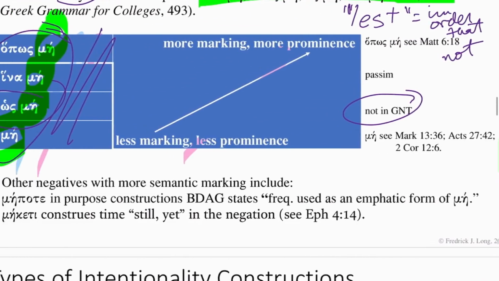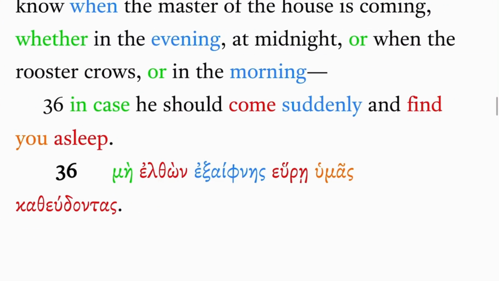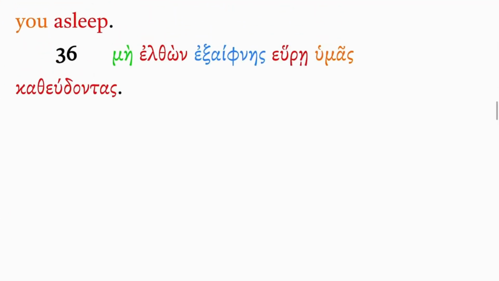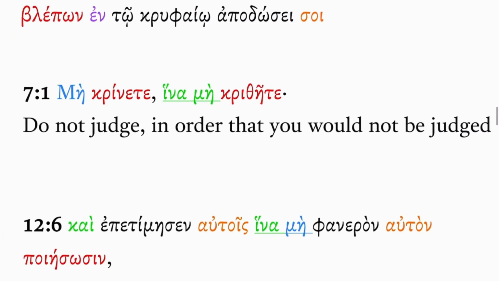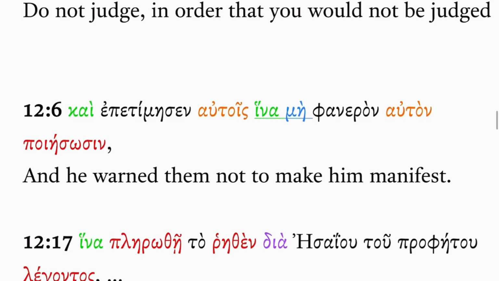Now we can also look at the hina mē construction. Let's look at a couple of examples of hina mē, right here from Matthew's Gospel: "Do not judge in order that you would not be judged." Here the mē is involved in a negative purpose clause.